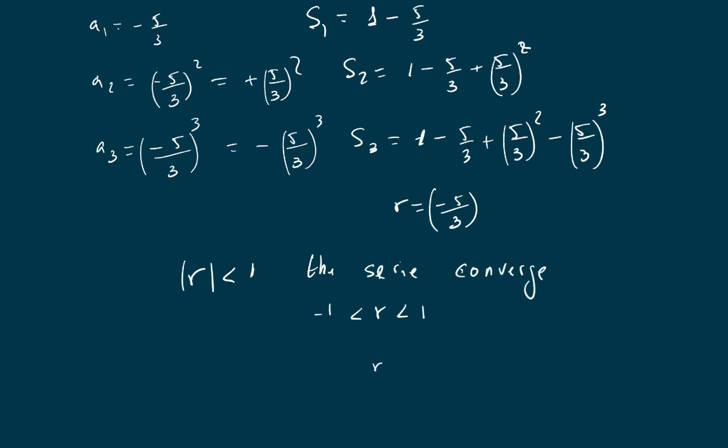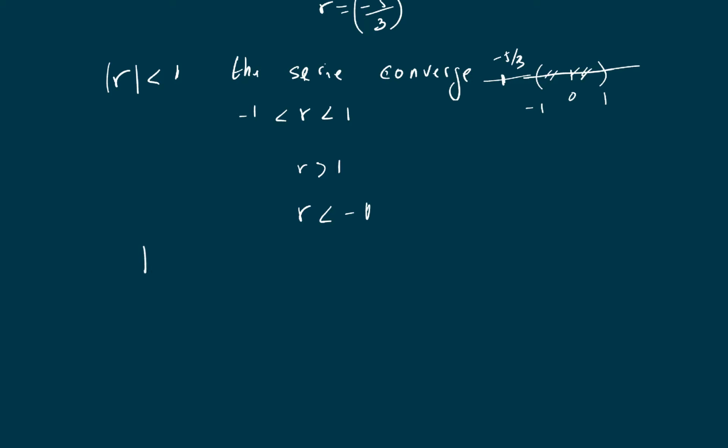And when r is bigger than 1 or smaller than minus 1, the series diverges. The series converges in the interval between minus 1 and 1. Because minus 5 divided by 3 is out here, the series diverges. So because r equals minus 5 divided by 3, r is smaller than minus 1, which means that it is on the left side of minus 1. Then the series diverges.